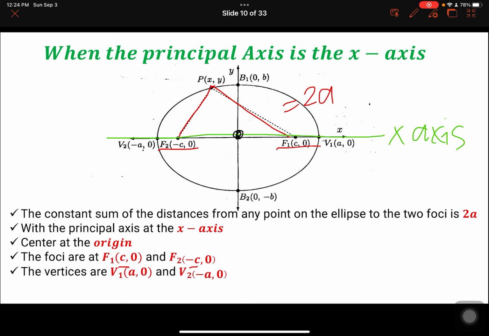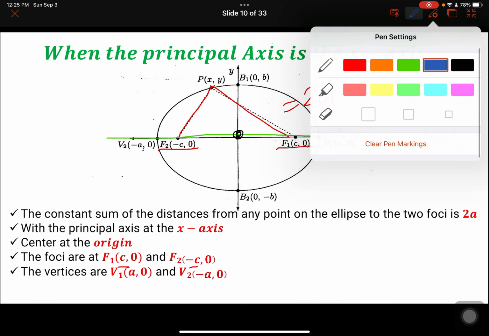Next. The vertices are denoted as v sub 1 and v sub 2. And take note na A ang ginagamit natin kapag nasa x tayo. So, lahat ng value ng A na point na around sa x, ginagamit natin yung A. Okay?